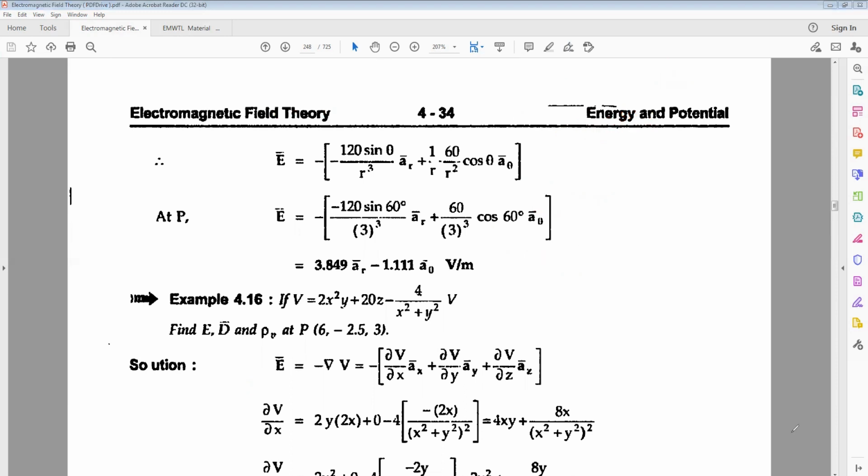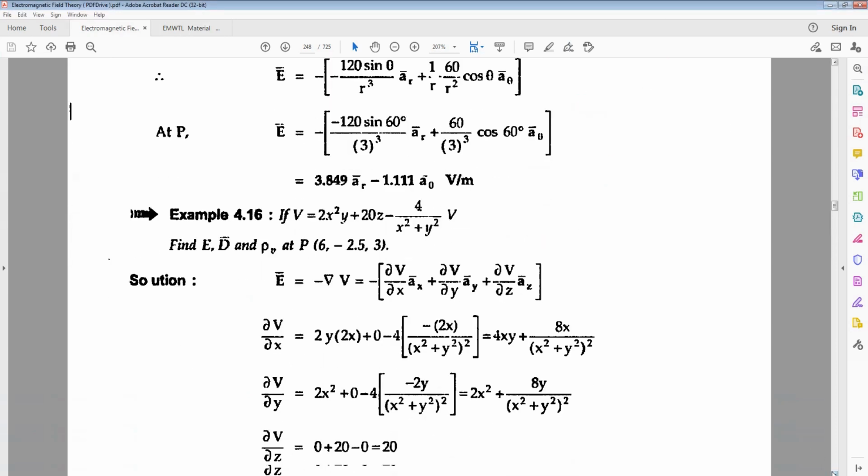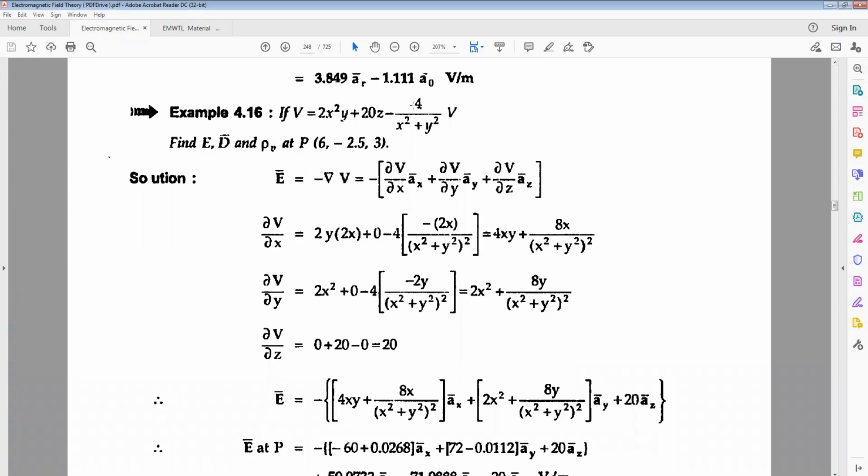And coming to the next example, if V is equal to 2x square y plus 20z minus 4 by x square plus y square volts, find the electric field E, electric flux D, and volume charge density rho V at the point given 6, minus 2.5 and 3.